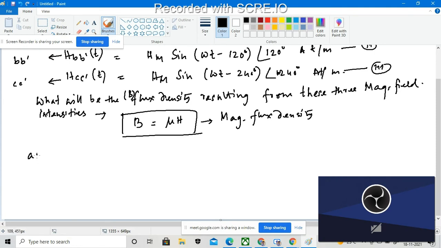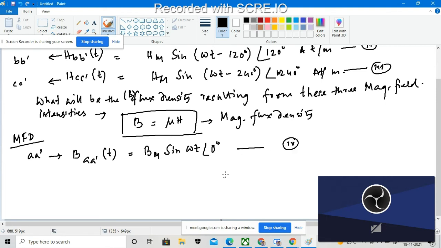The magnetic flux density, in short MFD, for the coil A dash, B of A dash t is equal to Bm sine of omega t at an angle 0 degree, same thing. So suppose this is my equation 4.